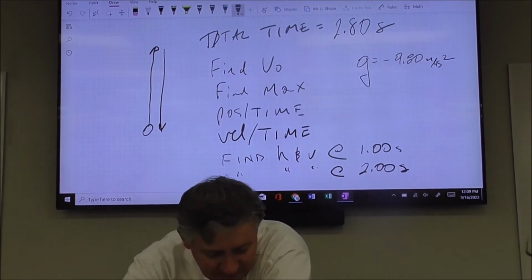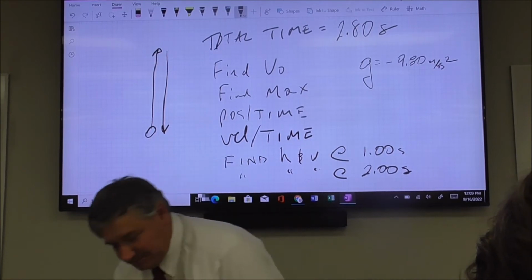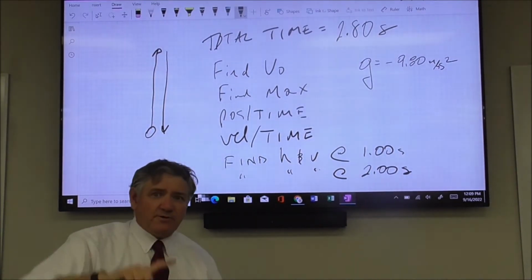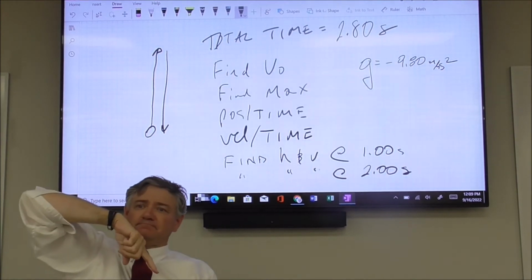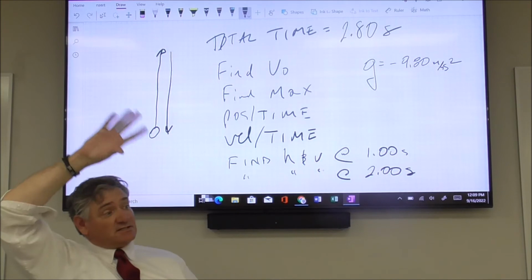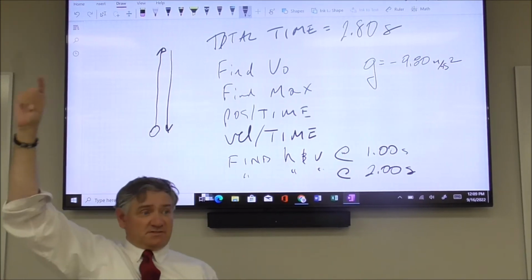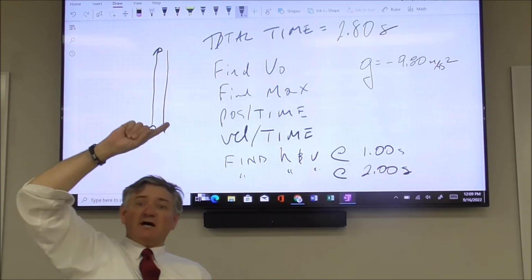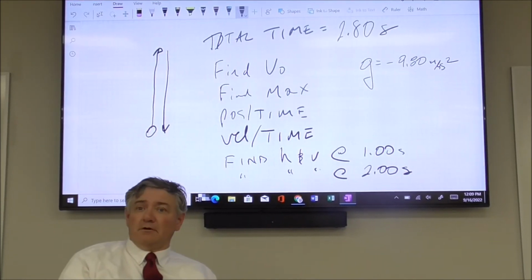Now, let's talk about this. So the total flight time is 2.80 seconds. What do you think we can assume about the time up and the time down? They're the same. We can assume that this flight is symmetrical, right? So if the total is 2.80 seconds, how much time did it take going up? 1.4.